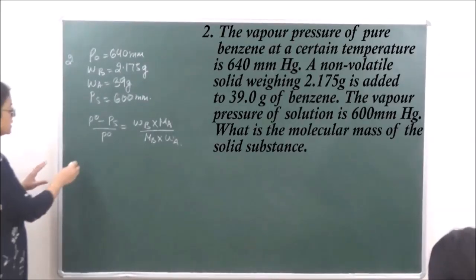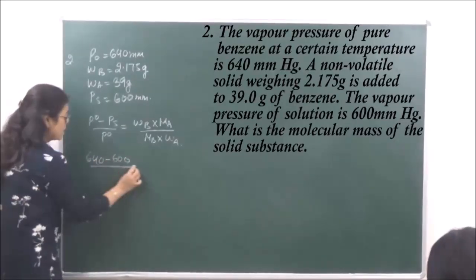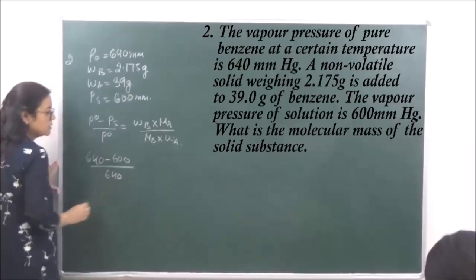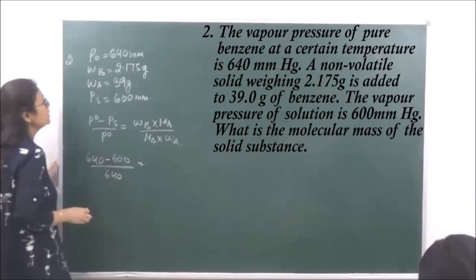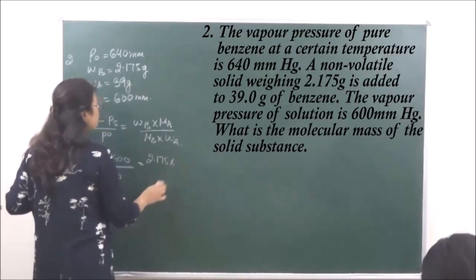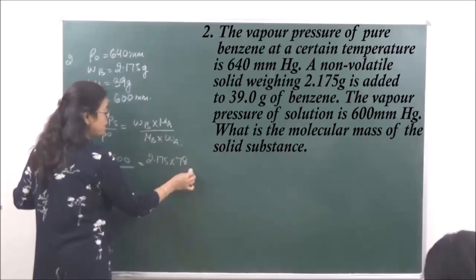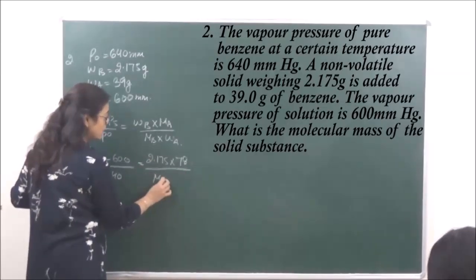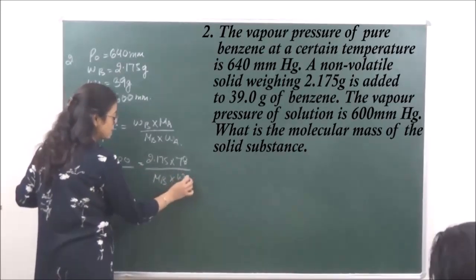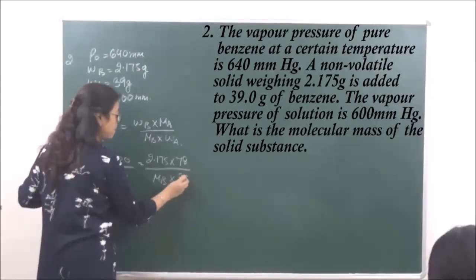P naught given to us is 640 minus 600 upon 640. That is equal to WB given is 2.175 into molar mass of benzene is 78, upon MB, and WA given to us is how much? 39.